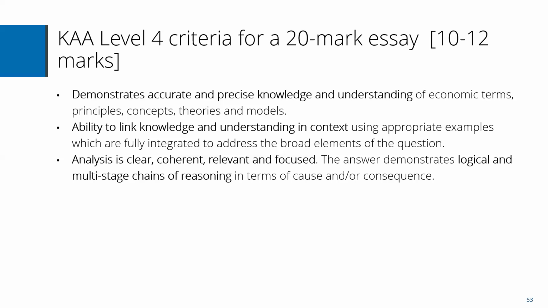And then the analysis. Analysis may be present, but for the level 4 top level criteria, we're looking for it to be clear, coherent, relevant, and focused, to demonstrate logical and multi-stage chains of reasoning in terms of cause and/or consequence.